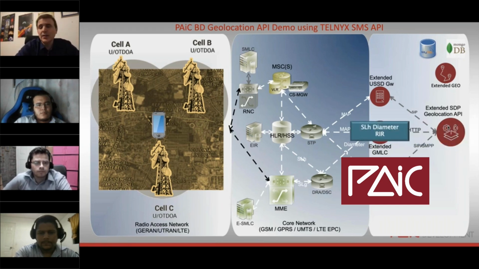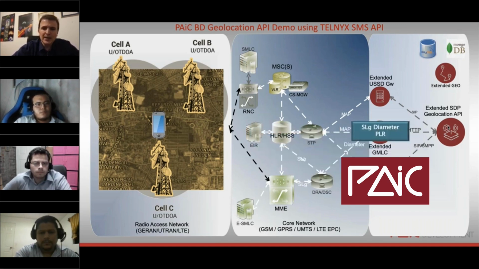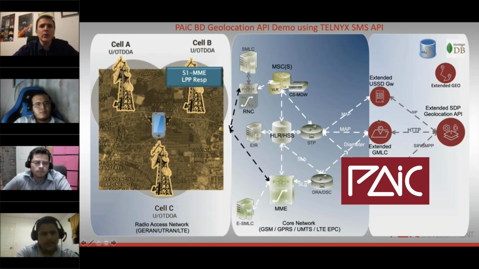the Diameter location request to the LTE network in a more sophisticated way, because with these Diameter commands we are asking the network to do a triangulation and gather the geographical coordinates of the user equipment of the USSD requester.